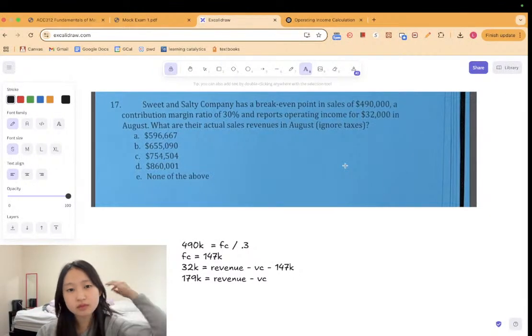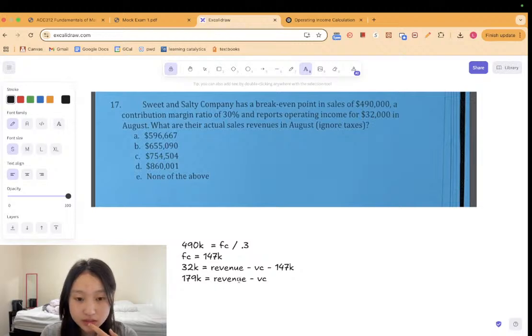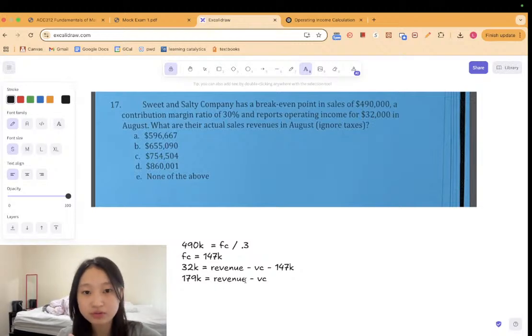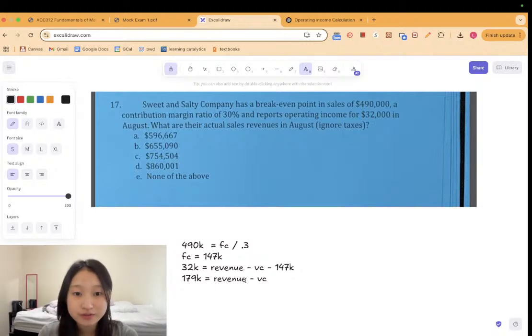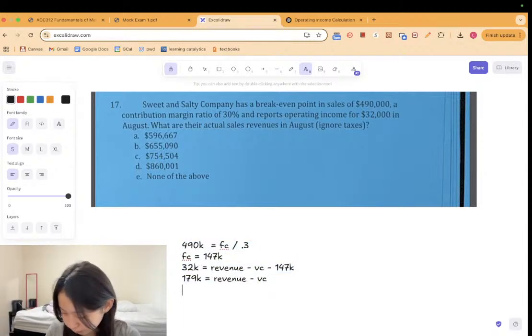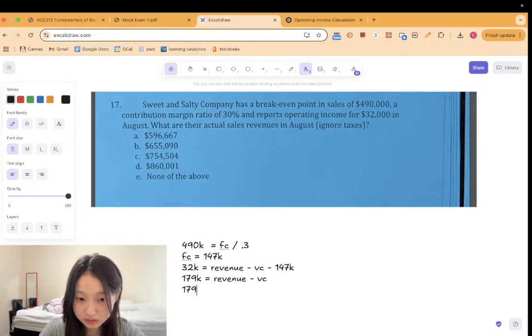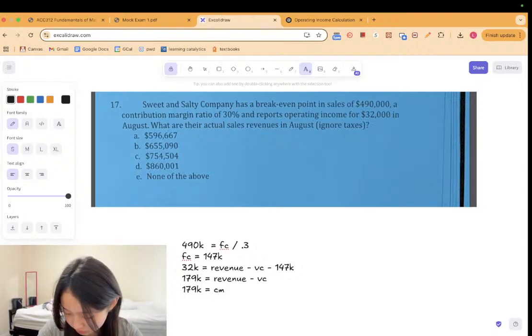But anyways, like I was saying, we know that 179,000 is equal to our revenue minus our variable cost. To find our actual sales revenue, we know that that is equal to our contribution margin.